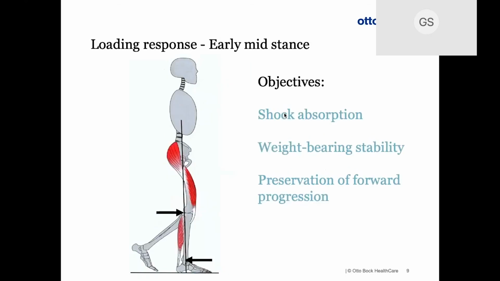As we go into loading response, or what we might call foot flat, the body absorbs the impact of this foot, and the hip slowly moves into extension. The knee moves into a natural 15 to 20 degrees of knee flexion. This provides the shock absorption. The quadriceps are eccentrically lengthening, and the ankle plantar flexion increases to 10 to 15 degrees.